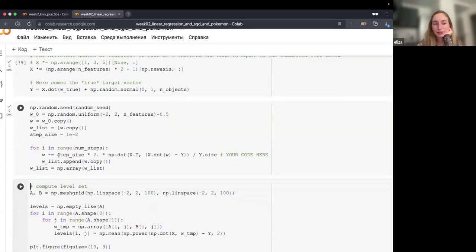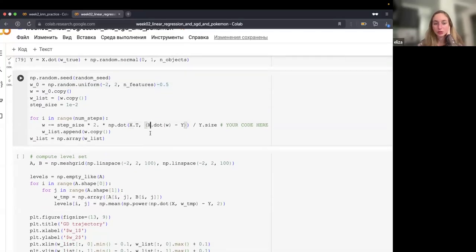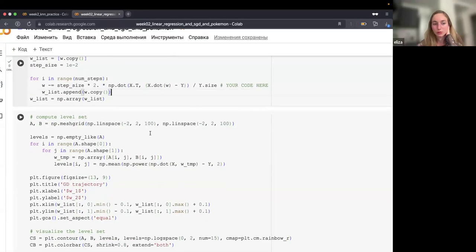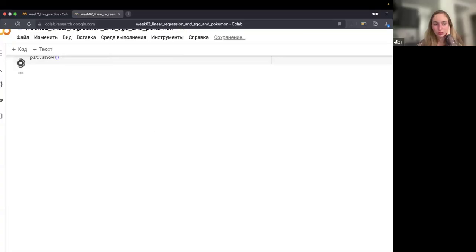In this code, you implement the expression for calculating your gradient. We can start from random weights, or we can start from 0 weights, but in this code you start from random. And then you make iterations for learning your model. Let's try to show it.